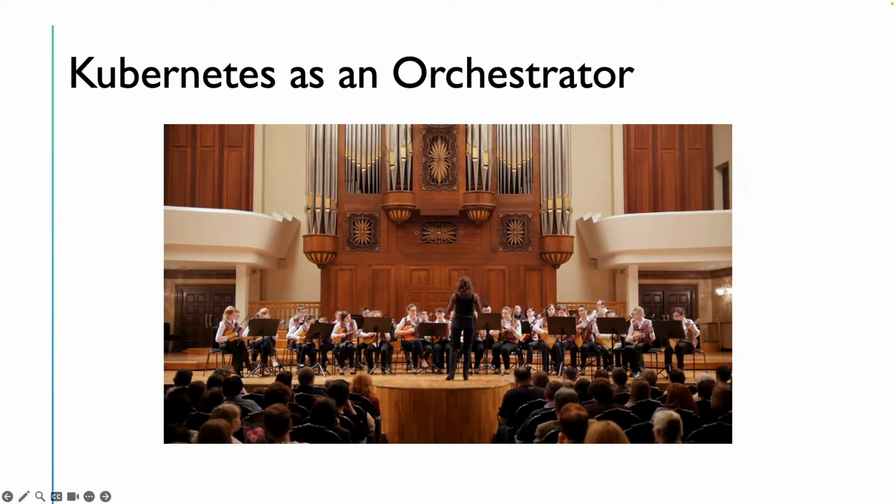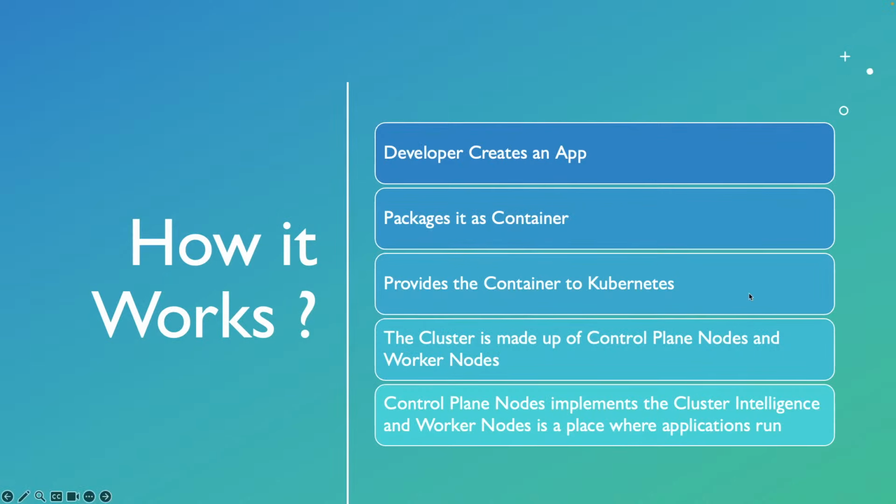Now, the way it works in Kubernetes is that the developer creates an application and packages it as a container. For packaging it as a container, I can make use of Docker, or Trivy, or anything which is based on containerd.